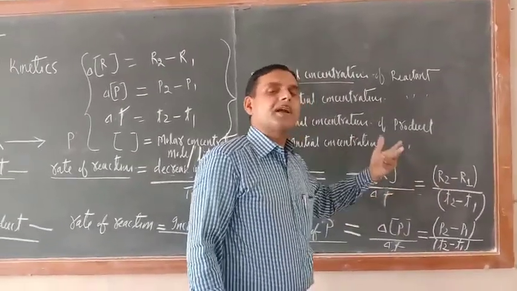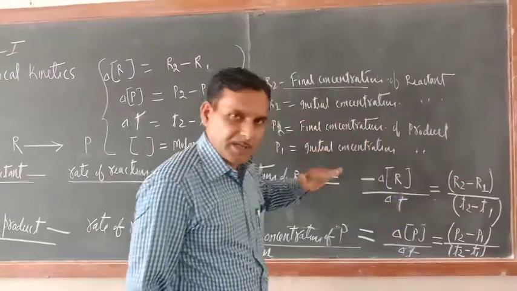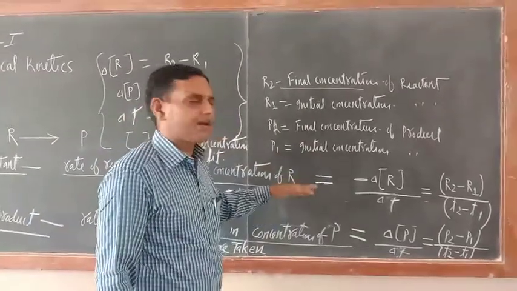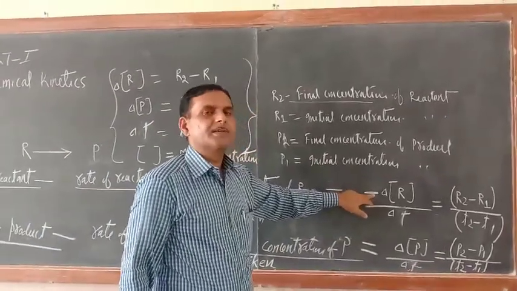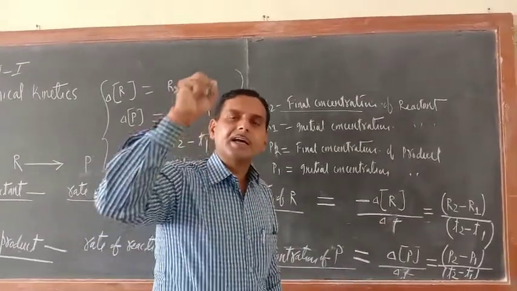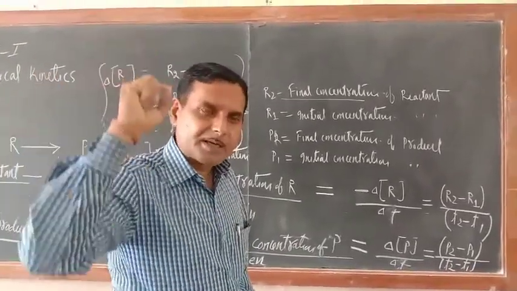Over a period of time, the final concentration will increase and the initial concentration will decrease. So that is why in the rate of reaction of a reactant the minus sign should be there. So the minus sign here indicates the decrease in the concentration of reactant with the passage of time.